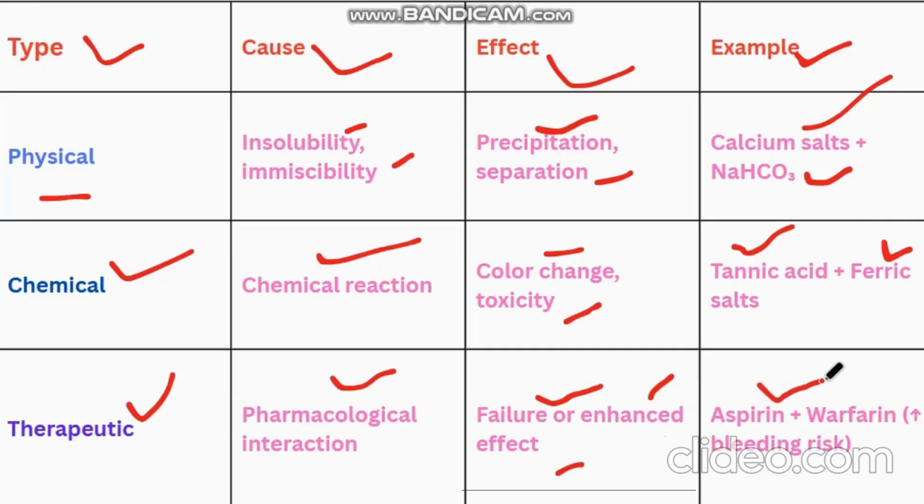Example: aspirin and warfarin, and both work in the same way. That may lead to bleeding risk. Both are going to thin the blood, or you can say reduce the viscosity of the blood, which may lead to a chance of bleeding risk. So that is the example for therapeutic incompatibility.